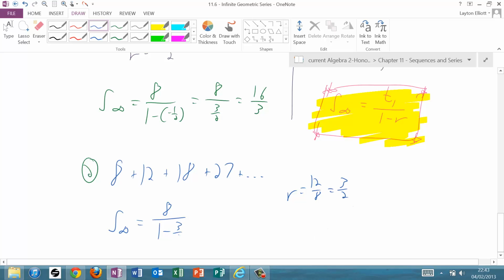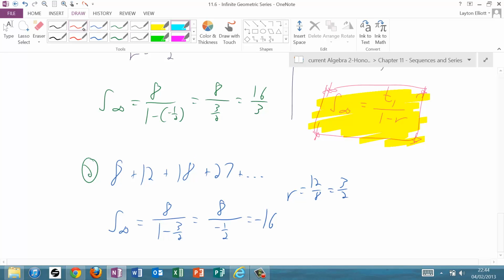So 1 minus 3 over 2. If I get that, I get 8 over 1 minus 3 over 2, which is negative 1/2, or negative 16. But wait a minute, that doesn't make any sense. How can 8 plus 12 plus 18 plus 27 give us a negative number? What's wrong with this picture?